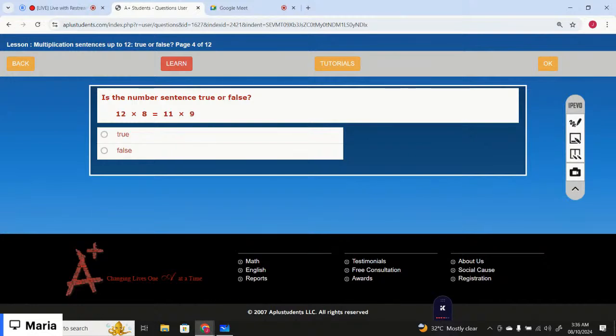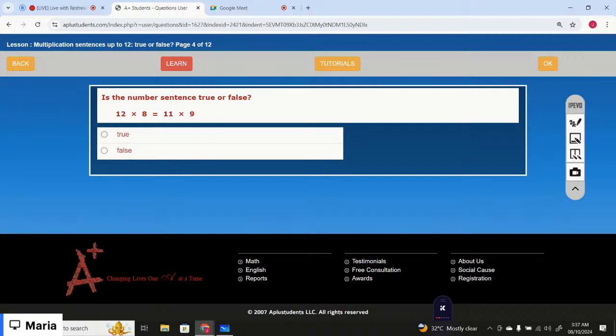Is the number sentence true or false? Which is the correct option? Twelve times 8 equals 11 times 9.